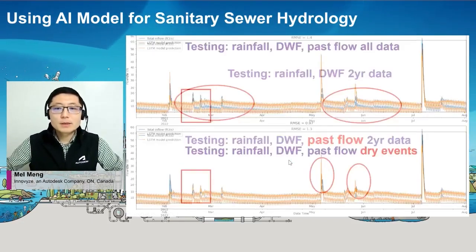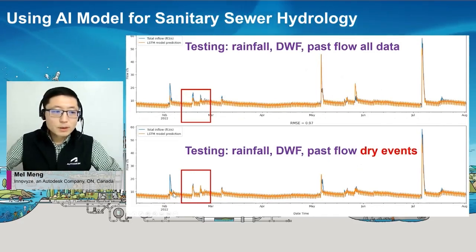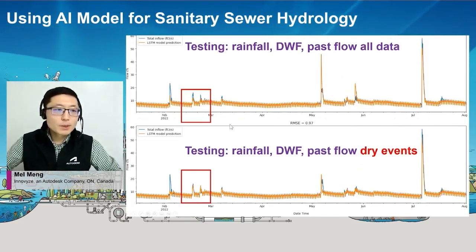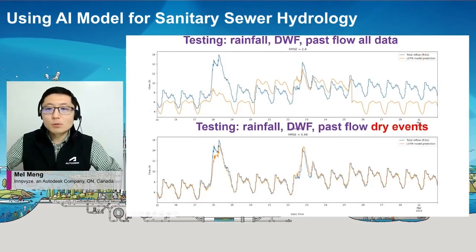Let's see what else we can improve. As we said, maybe we should only train on the dry weather events, because that is more accurate for the groundwater infiltration. When you compare those two, this one is where we train on the dry events. It doesn't look that different from this picture, but if we zoom in, you can see there's a huge improvement. During the dry weather conditions, it matches the ups and downs of the groundwater infiltration.